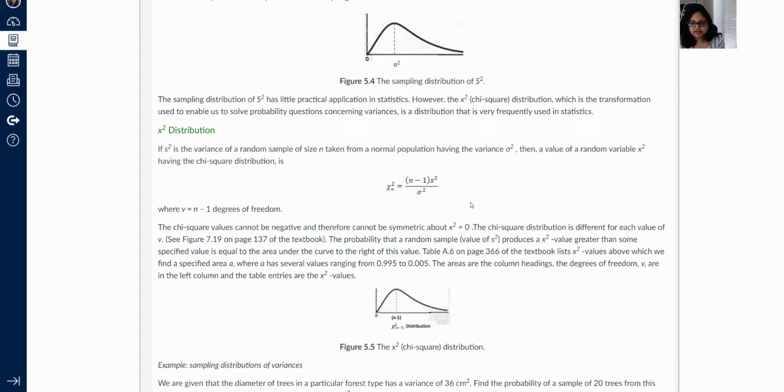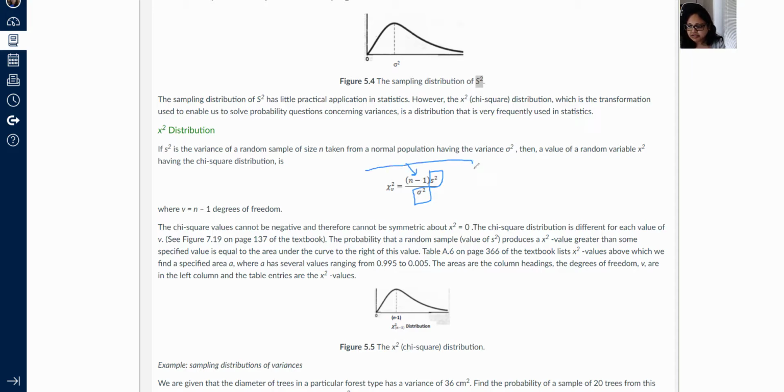So for the sampling distribution for one population, we will get one standard deviation and one variance, and all you need to do is to find the population variance. Let's draw that. This is the population variance, this is the sample variance, and this is the sample size minus 1.